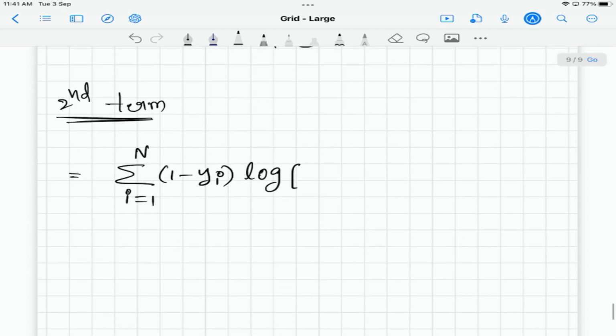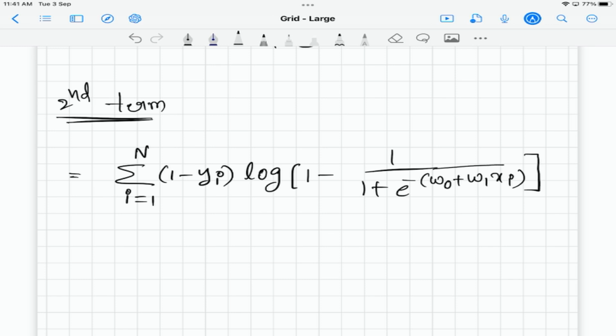Log of 1 minus pi, right? 1 minus 1 plus e power minus... Okay, so this is your second term.